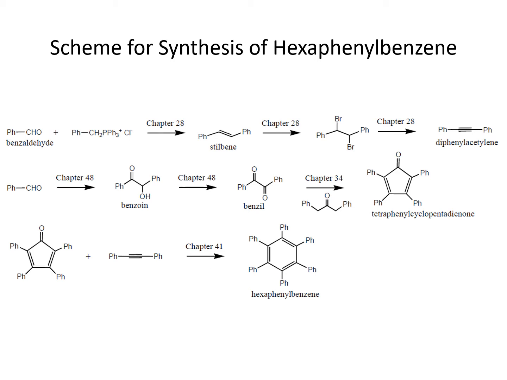We already finished the synthesis for diphenylacetylene, and now we are at the process of synthesizing the tetraphenylcyclopentadienone. For today, we will look at the second mechanism for the conversion of benzoin to benzil.